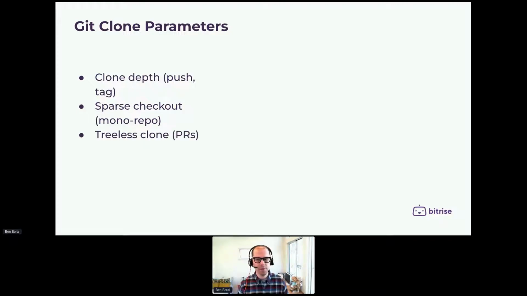And then finally, treeless clones. So basically what this does is it will fetch the entire commit history of the repository, but it won't fetch the contents of files and directories.